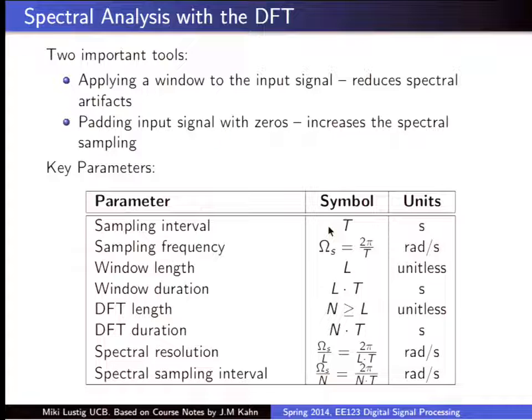So you have to remember that. So window duration is L times T, and that is in seconds. Okay? And the thing is, I give you digital signals, right? That's the problem, you just don't know what they correspond to. So they're all normalized to a normalized frequency, or a digital frequency, which is going to be small omega, that goes from minus pi to pi. Or a digital frequency that's not omega, which I often call k, which goes from minus half to half. You just divide omega by 2 pi.